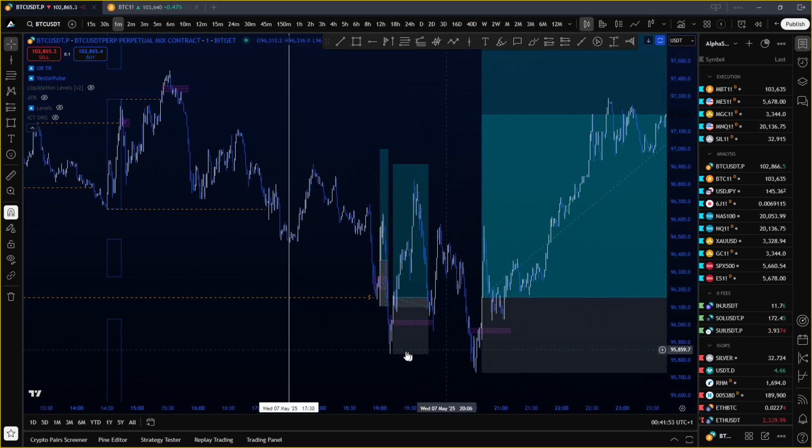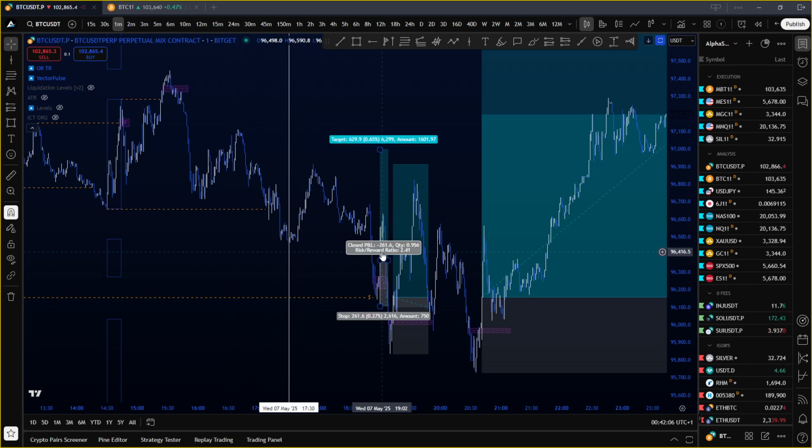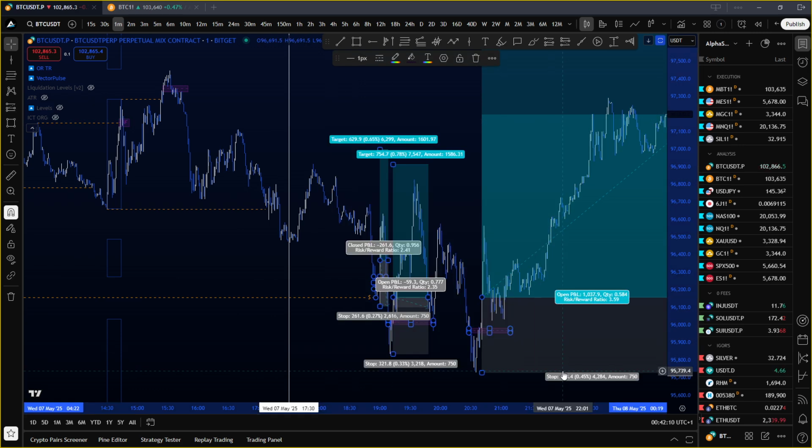But that's the thing. This pattern of unpredictability is something that is very commonly seen after this session, after London closes, because the price action just becomes a little bit less reliable, unpredictable.